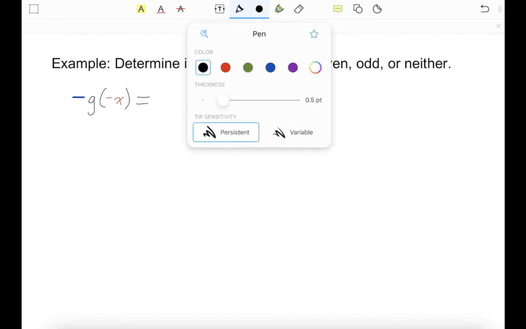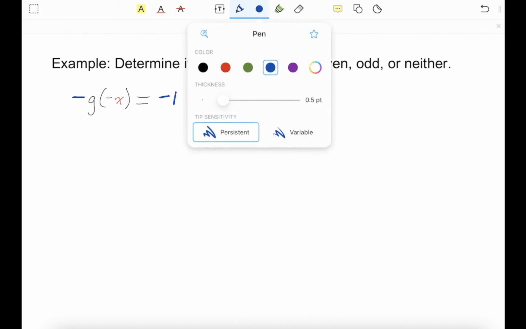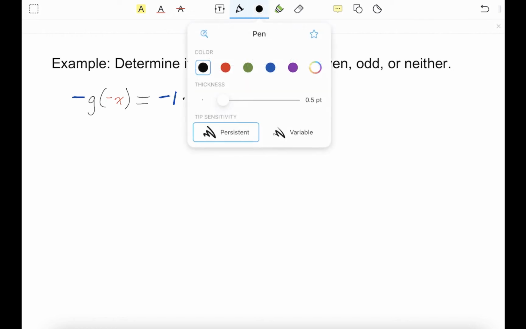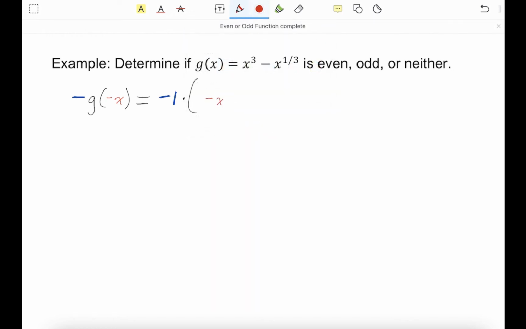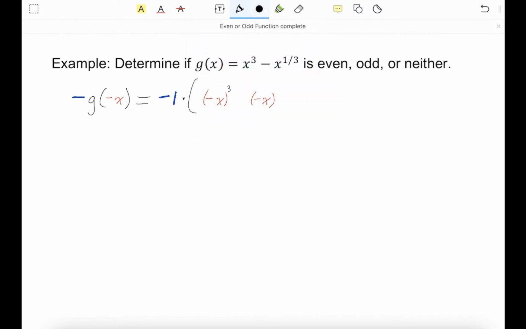This is the same as negative 1 times, put in parentheses here, take negative x here, raised to the same powers.